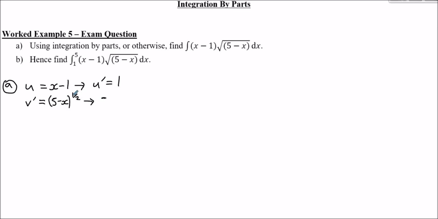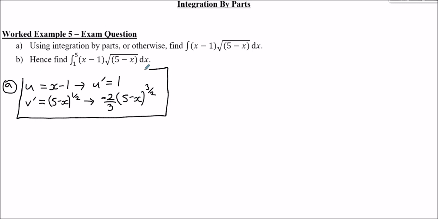The half, obviously, will go to power 3/2, because we increase the power by 1. And because we divide by the new power, we're going to divide by 3/2, which is the same as multiplying by 2/3. That minus is needed because it's a minus x. So if you used a u sub, and worked out du by dx, you'd get a minus term here. This is why it's going to integrate to negative 2/3, because of that minus x. And as I say, if that bit is slightly confusing, maybe just go back and revise for previous sub-chapters.